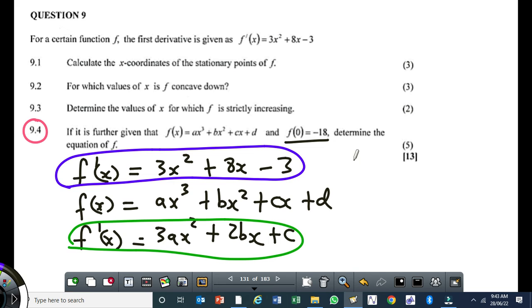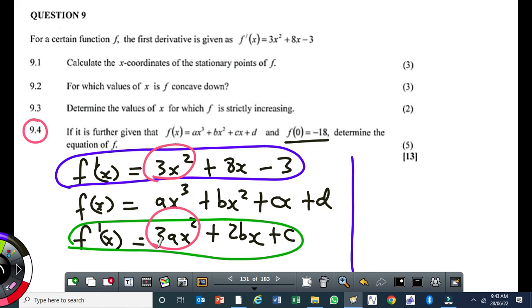Okay? So if I do that, make sure you pay attention. This 3x squared is going to be equivalent to that. So 3ax squared is going to be 3x squared. If I ask you what would be the value of a, what would be your answer? 1.